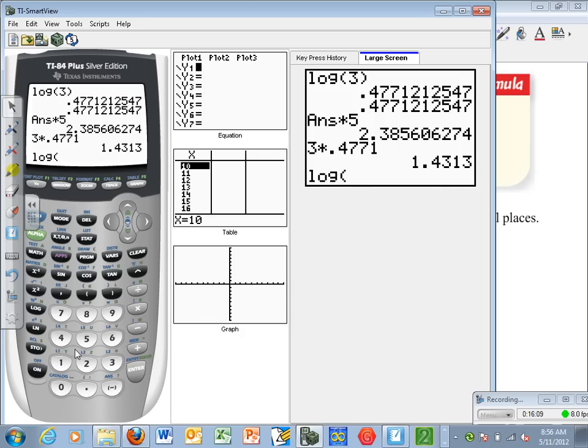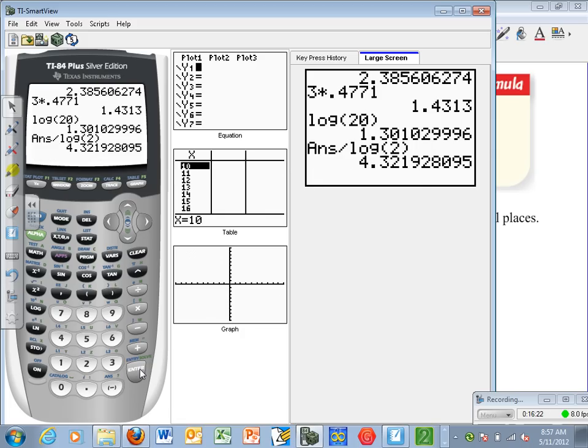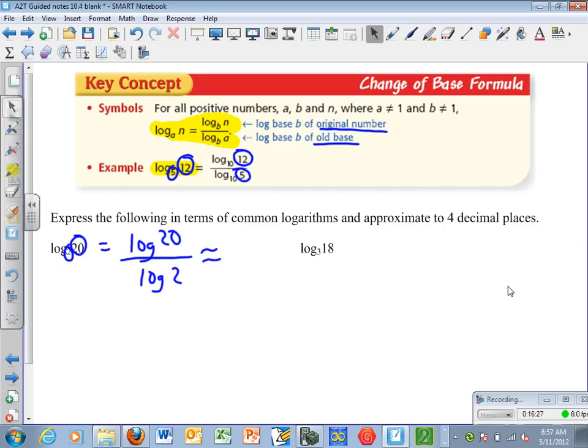Log 20, equals, divided by log 2, is 4.3219. There's what it's approximately equal to.